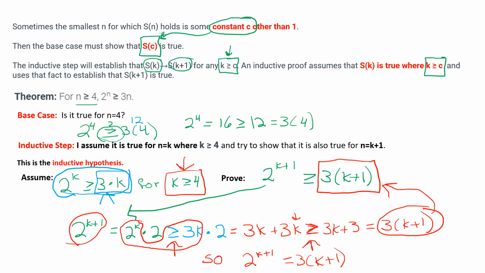So anyway, this is what we've done. We've made our assumption, and then we've proven, starting with 2 to the k plus 1, that that's greater than or equal to this 3 times k plus 1.